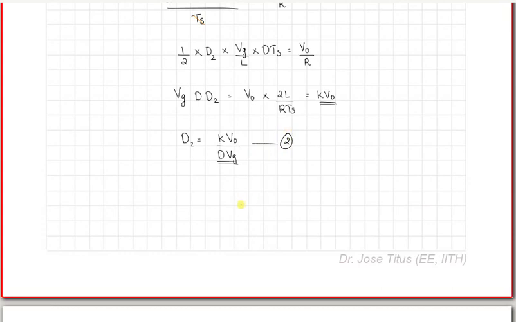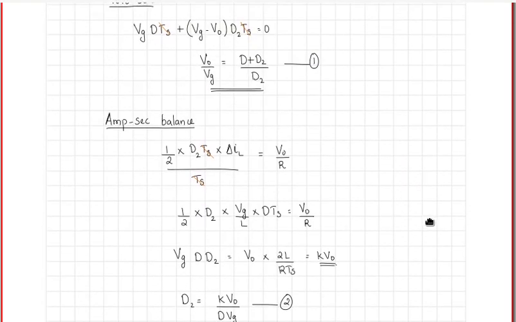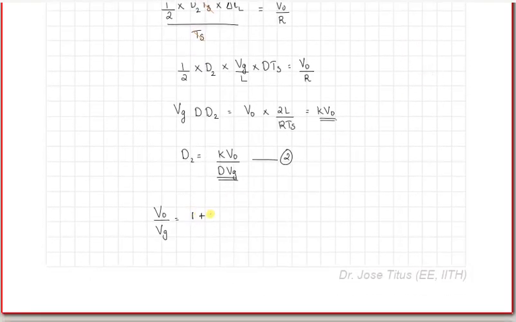So if I do this and then substitute this value of D2 into equation 1, so VO by Vg was equal to D plus D2 by D2, so I can write this as 1 plus D by D2, and substituting for D2 from there, it gives me 1 plus D square Vg divided by K times V0, right?